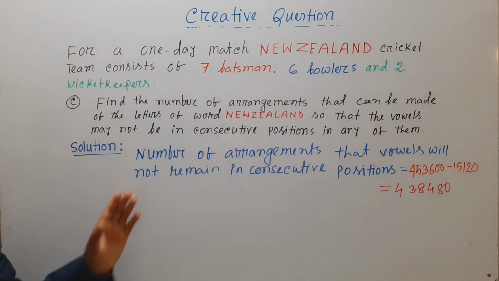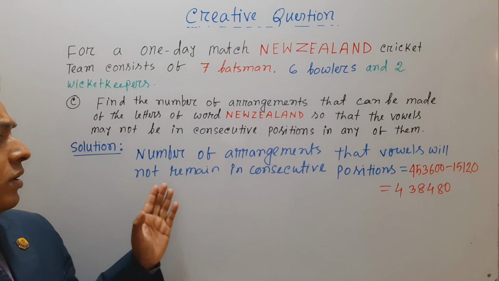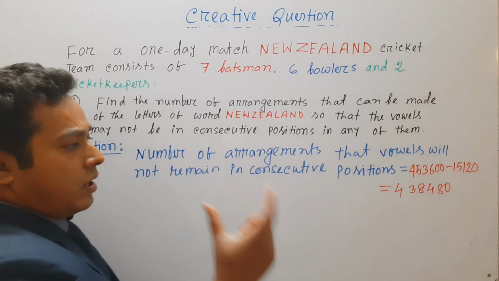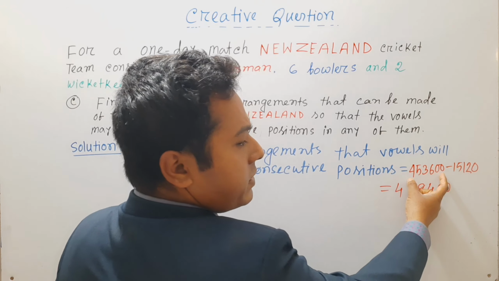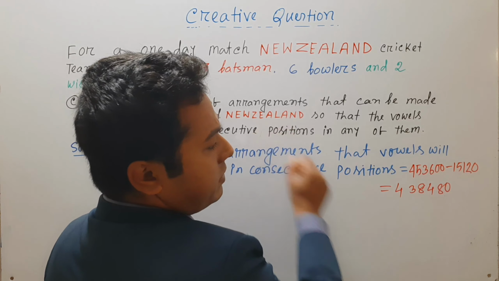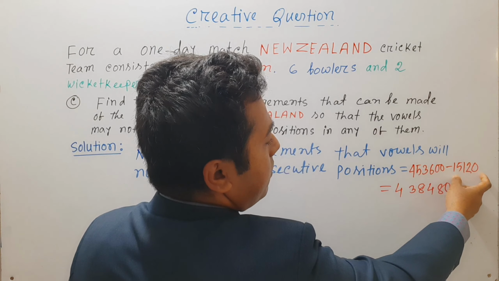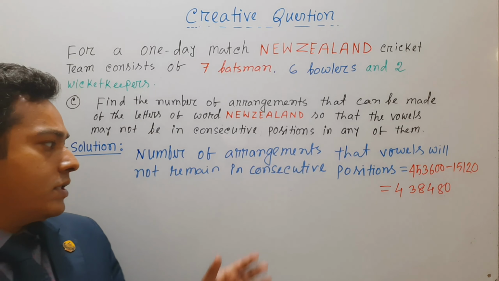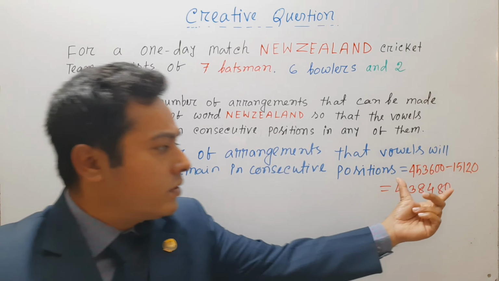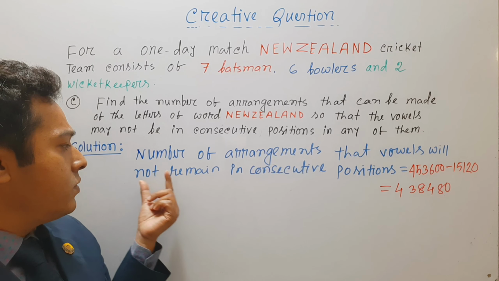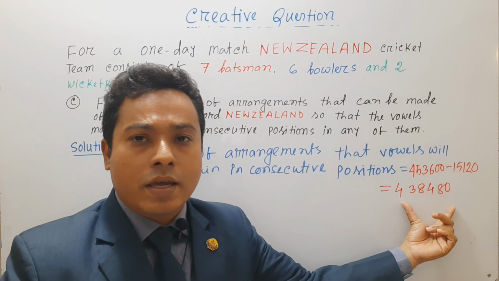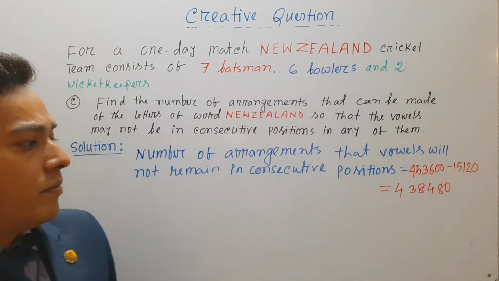Okay, now the number of arrangements where vowels will not remain in consecutive position is equal to the total number of arrangements of New Zealand minus the total number of arrangements where vowels are in consecutive position. The difference between them is the number of arrangements where vowels will not remain in consecutive position, and this is our answer to question number C.